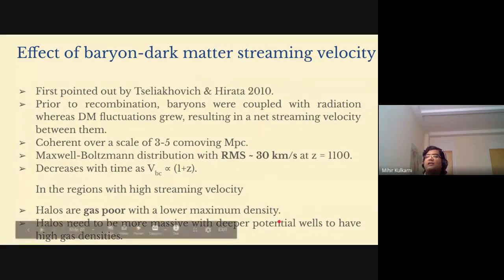This means that to form first stars, halos need to be more massive to have stronger potential wells. So in this scenario, we also expect the critical mass, that is the minimum halo mass you need to form first stars, to increase. It depends on the streaming velocity in your environment. So these are the two important effects that can increase the critical mass of the halos, and determine where and when population 3 stars form.